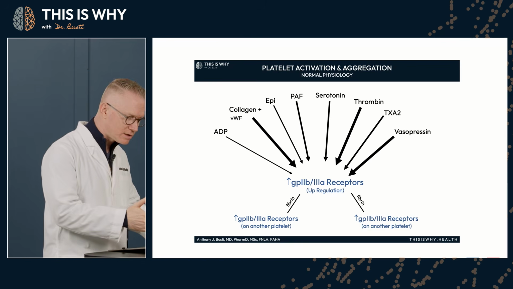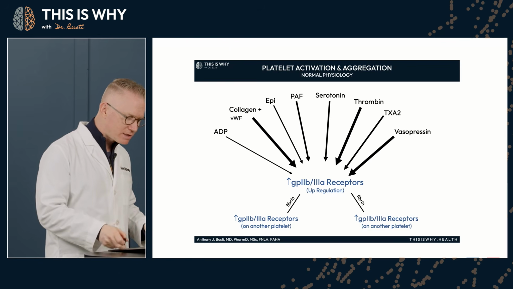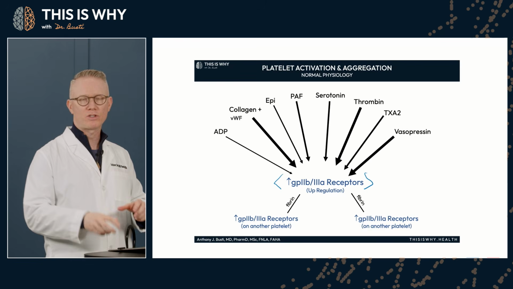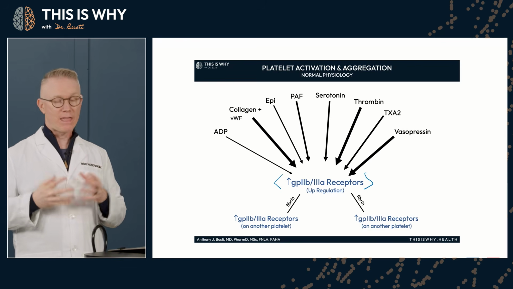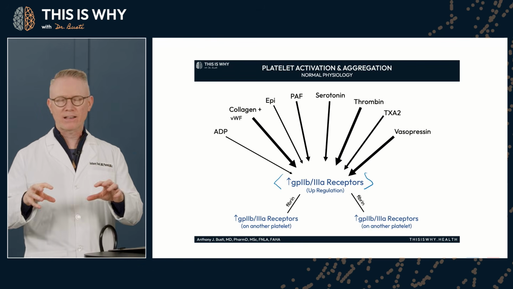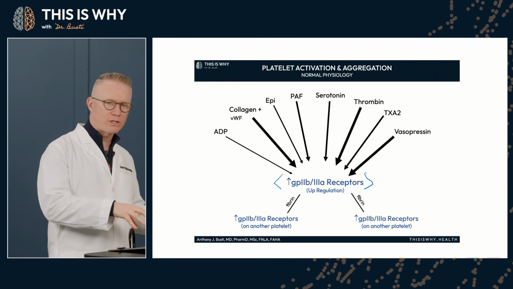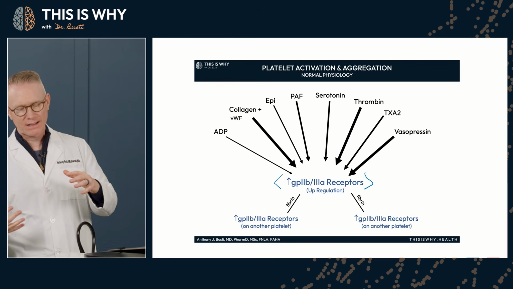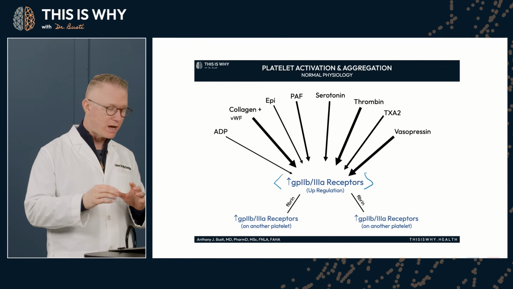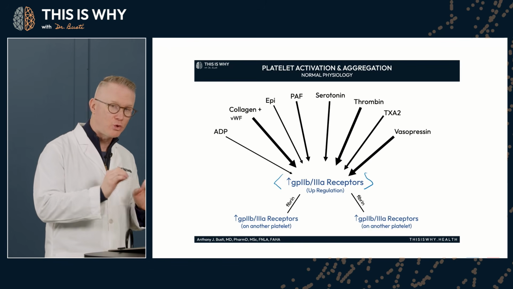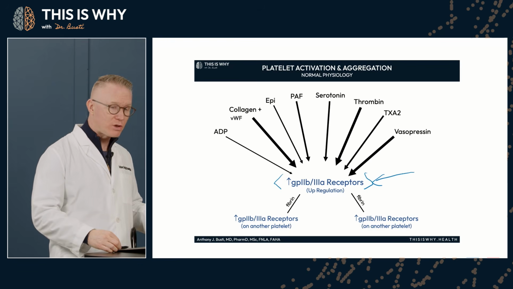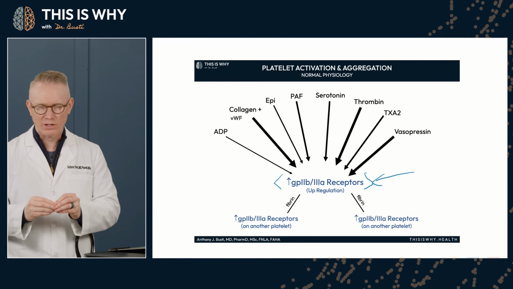Because the end result is the upregulation of these glycoprotein 2b/3a receptors on the surface of the platelet. That's necessary for aggregation. So all those things on top are activating the platelet. The glycoprotein 2b/3a receptors are facilitating the aggregation of those. And so for our interventions, we have drugs that block the glycoprotein 2b/3a receptors right here, they're inhibitors, and so they're primarily affecting platelet aggregation.